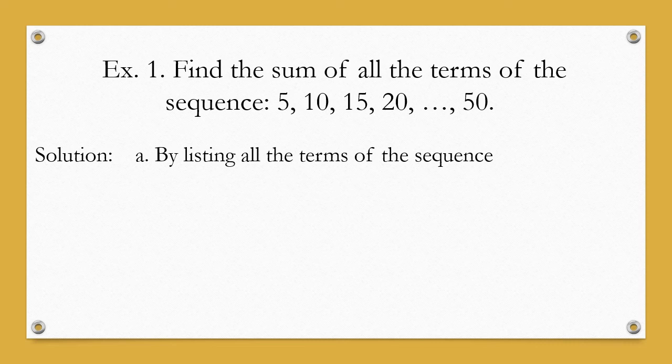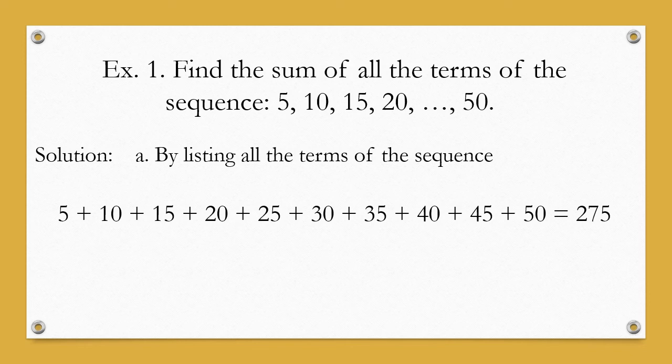Ibig sabihin, ililista po mula sa first term hanggang sa last term. So that's why we have here 5 plus 10 plus 15 plus 20 plus 25 plus 30 plus 35 plus 40 plus 45 plus 50, which is the last term. Adding all the terms using calculator, the answer is 275.